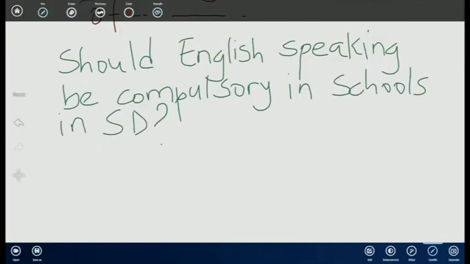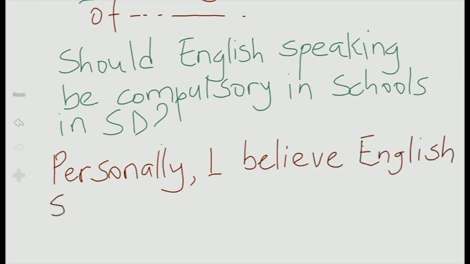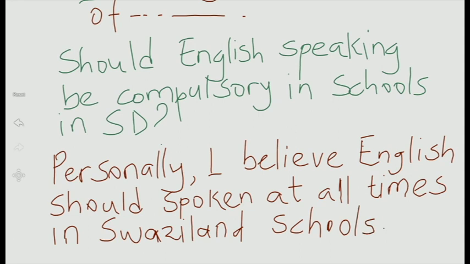All right, so that will be our topic of discussion, and then let's say we want to present our opinions. In presenting our opinion there, using any of the phrases that we've just discussed, that sentence would be, personally, I believe English should be spoken at all times in Swaziland schools.